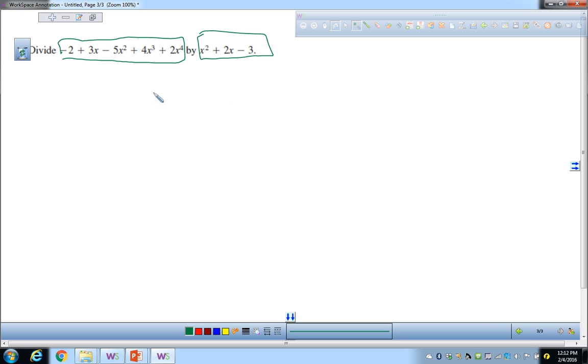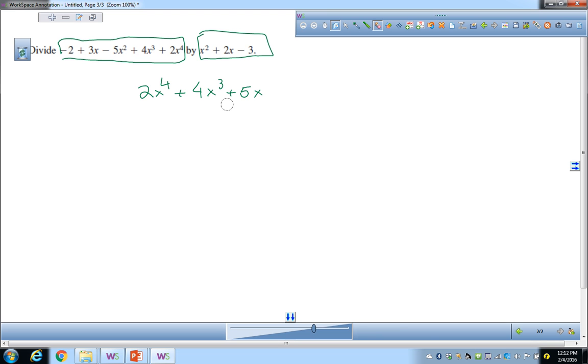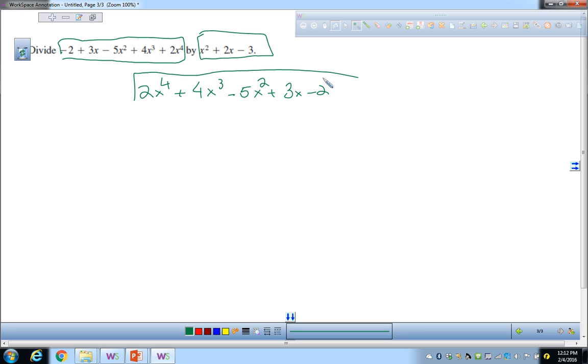Okay, so I'm going to divide 2x to the 4th plus 4x cubed minus 5x squared plus 3x minus 2, and I'm going to divide that by x squared plus 2x minus 3.